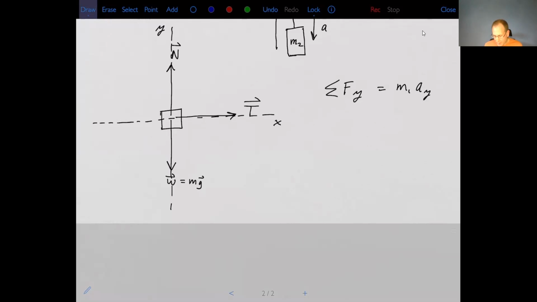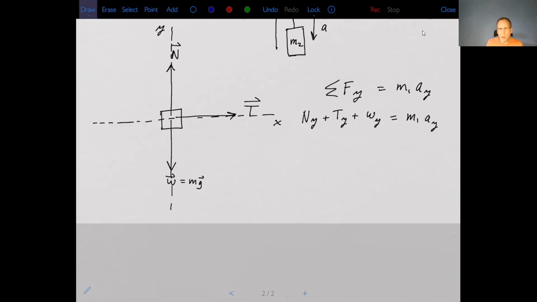So for the sum of the forces in the y direction, what that means is I want the y component of all those forces, right? So I want the y components of all those vectors. So I could write this, in general, as the y component of the normal force plus the y component of the tension plus the y component of the weight, and that's got to equal m1 ay.